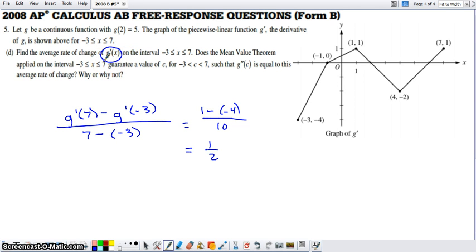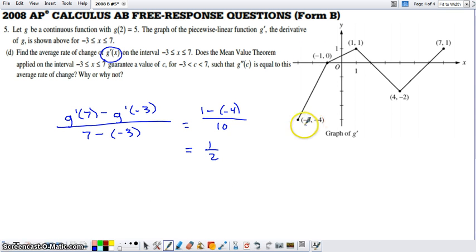G prime has to be continuous on the interval you're considering. This derivative, g prime, is continuous on the interval negative 3 to 7. We don't see any holes or asymptotes in the graph, so we know that our function is continuous. But the other condition that has to be met is that your function has to be differentiable on the interval.